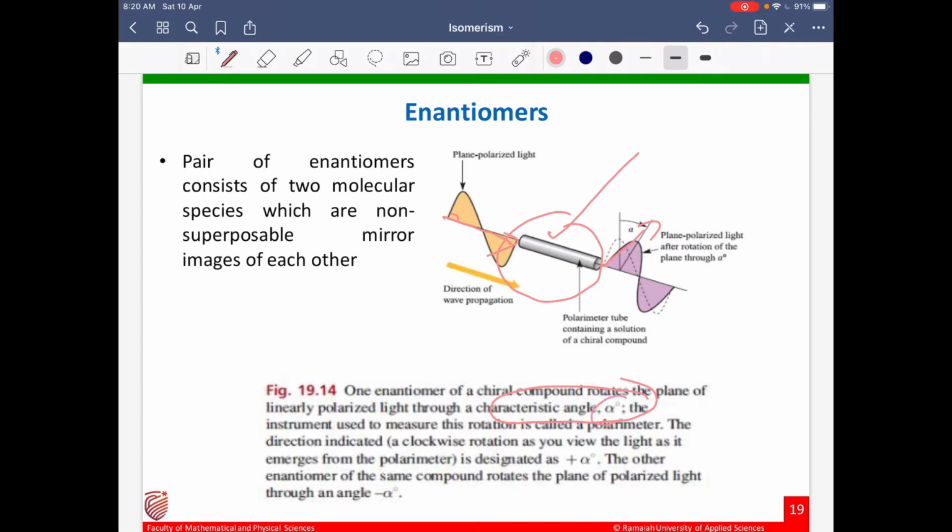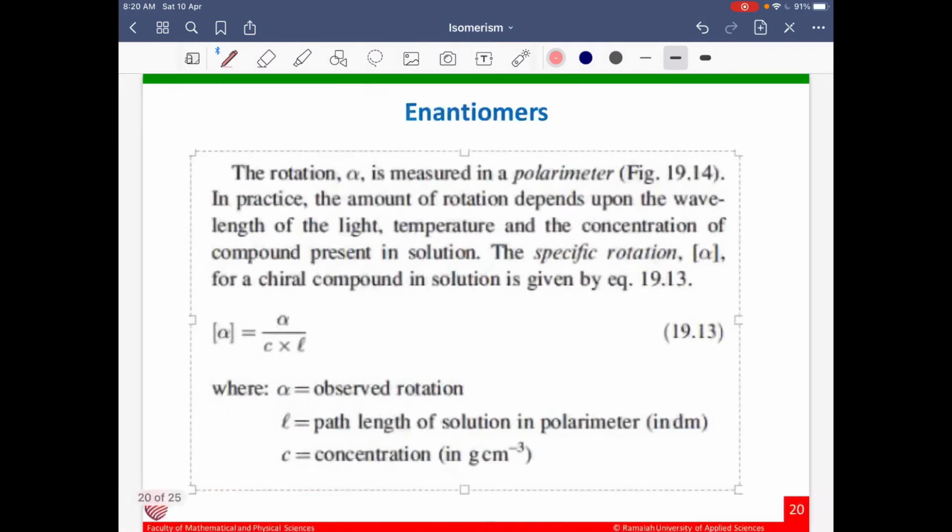That angle we call alpha, represented as alpha degree. If it is rotating clockwise, we will take it as positive, and if it is rotating anti-clockwise, we will call it negative alpha degree. The rotation alpha is measured in the polarimeter.